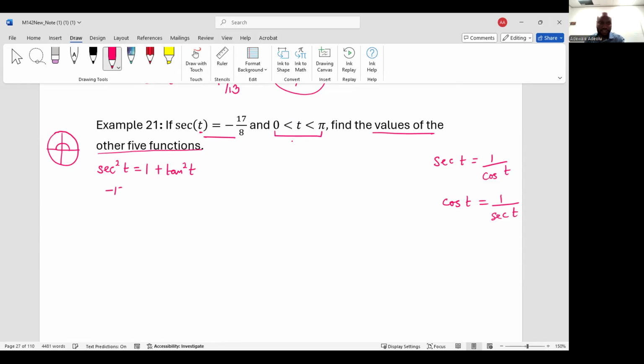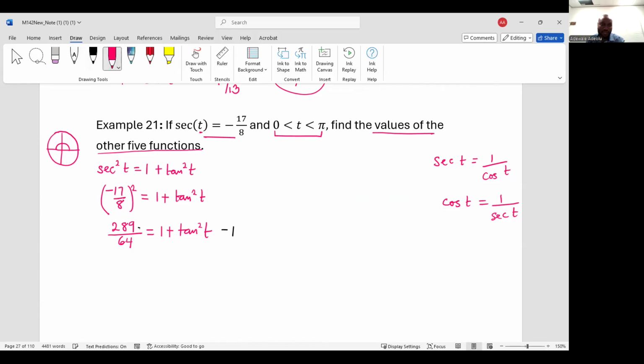So let me do this. Secant, so that is negative 17 over 8, all squared, equals 1 plus tangent squared of t. If I square negative 17, I will have 289 divided by 64 equals 1 plus tangent squared of t. I can subtract 1 from both sides.